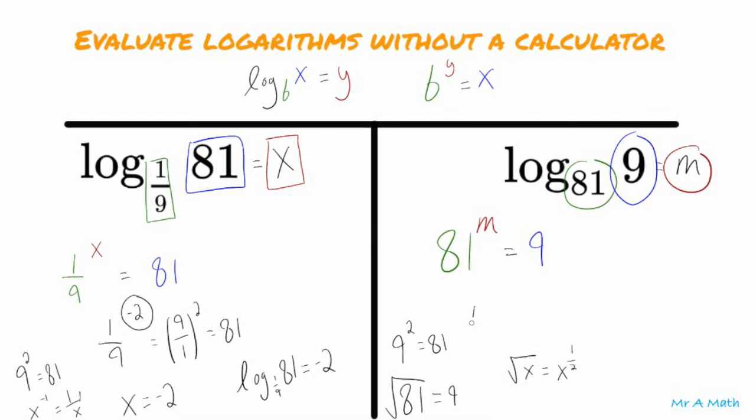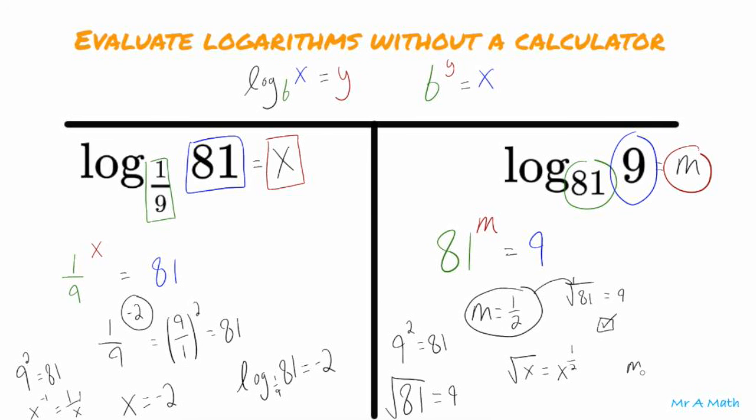So what we can do is say m is 1/2, because if I do that, that's just like saying the square root of 81 is equal to 9, which we know is true. The 1/2 power is the square root, so we just need to keep that in mind when we need to find out what this exponent is.